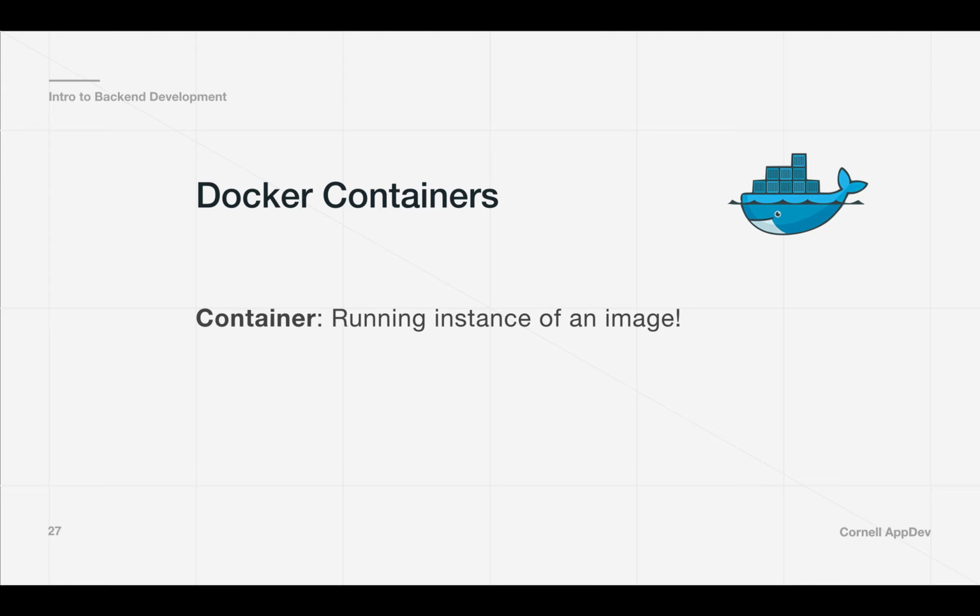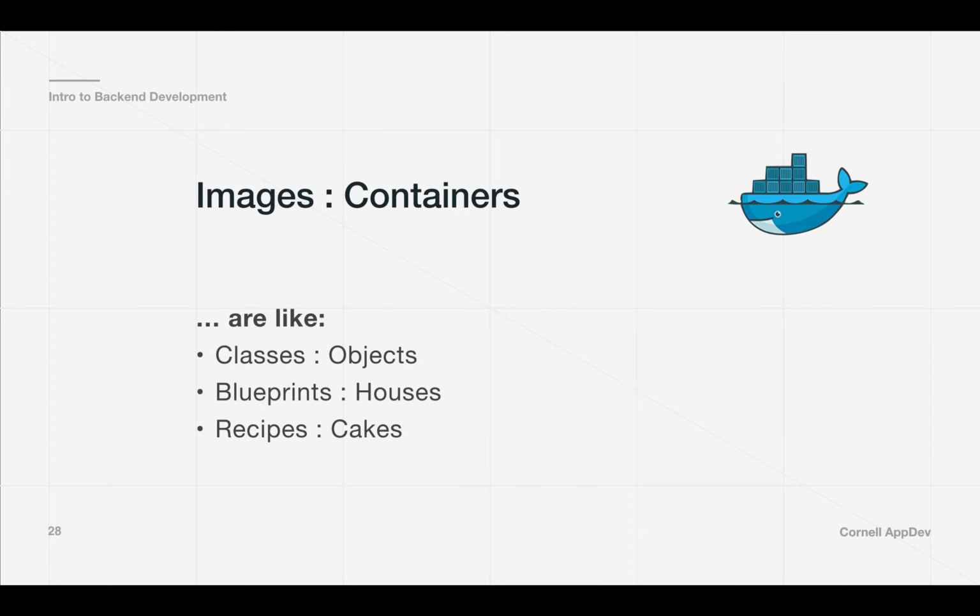So it's very important to have that distinction. So I'm just going to refer to them as images and containers. Here's something that might help you think of that analogy. So images to containers are like classes and objects in Java, right? Like you define a class in a file, and then an object is just an instance of that.